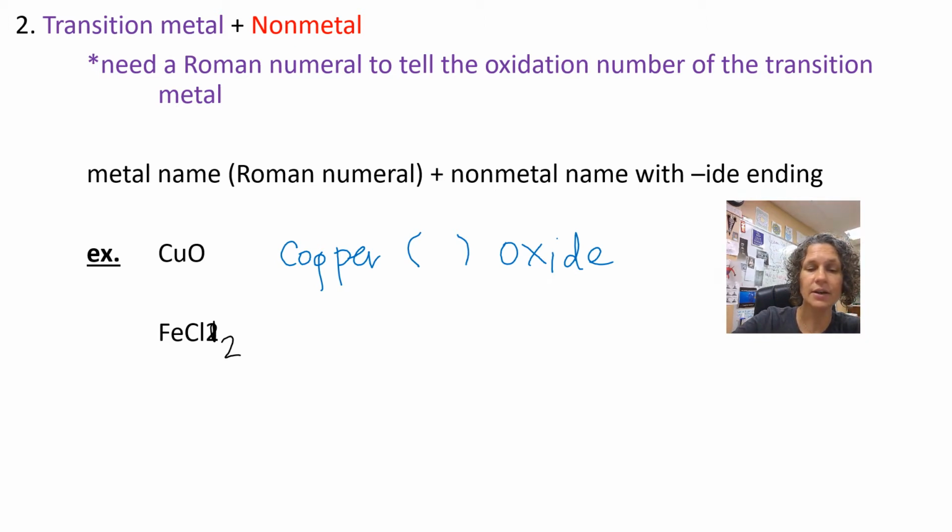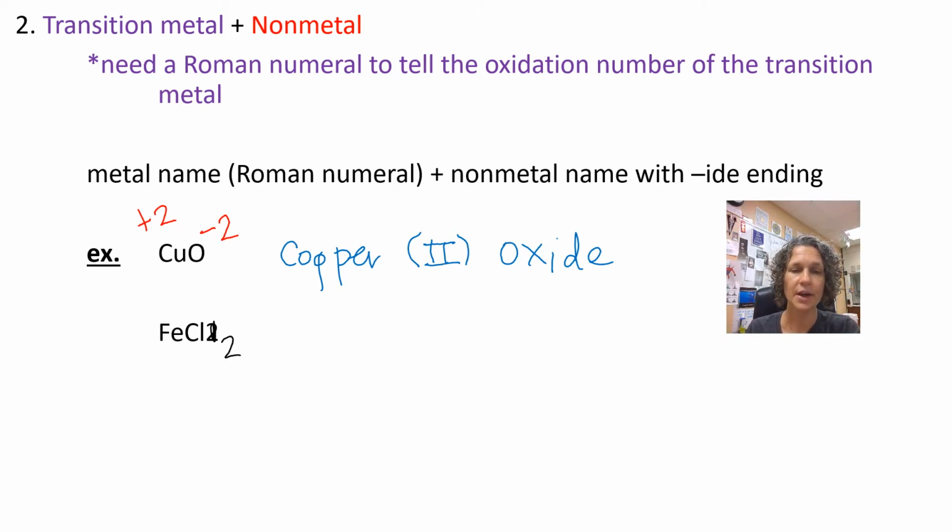Oxygen, we've already said on the previous page, has a -2 oxidation number. In order for copper to zero out with that -2, I have 1 copper. Notice it doesn't have any subscripts after it. I have 1 copper. That means that its oxidation number is going to have to be a +2 so that they will equal 0. So in my little set of parentheses there, I would put a Roman numeral 2.